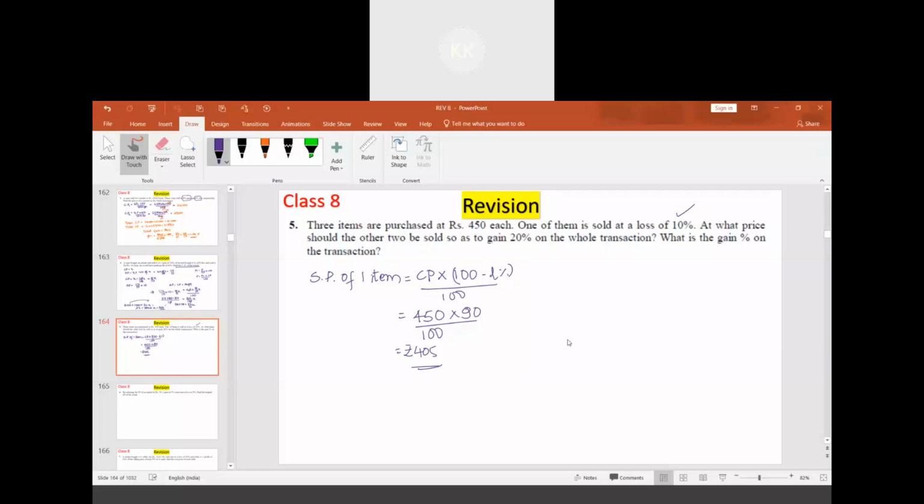Now we need to find out the selling price of the remaining two items so that there is a gain of 20% on the whole transaction. How to do that? We can find the SP of two items.